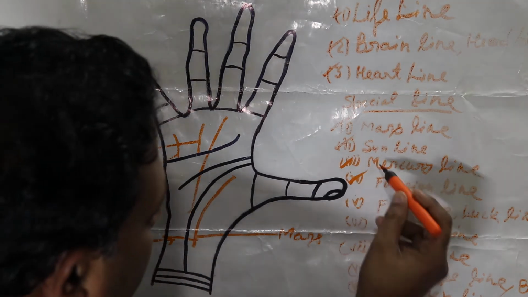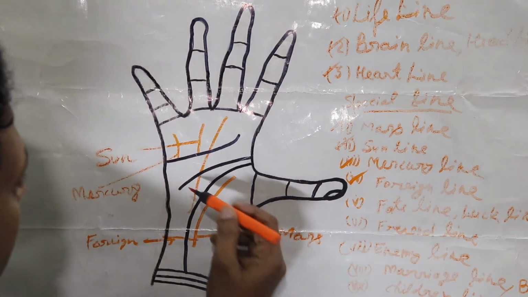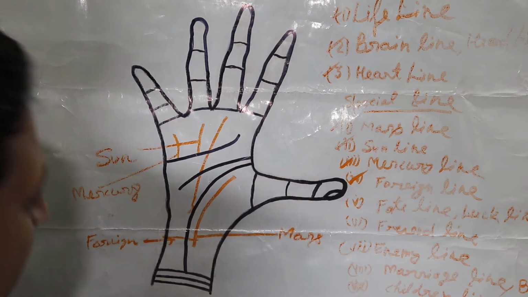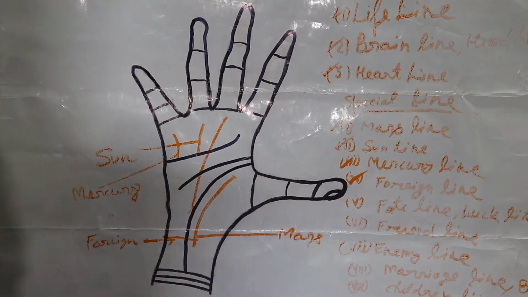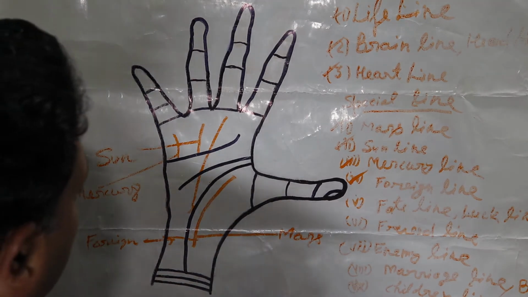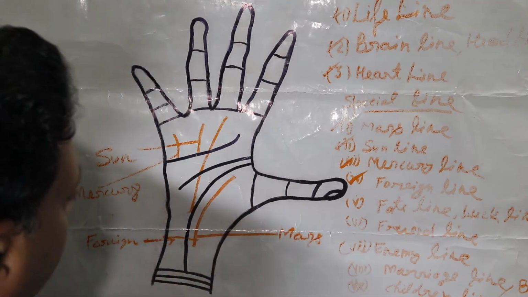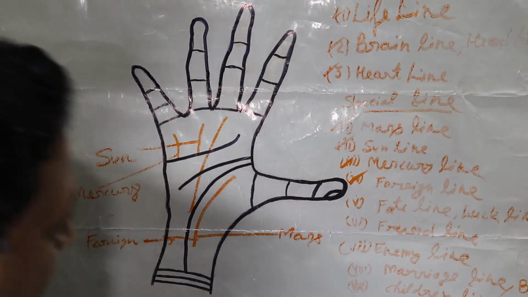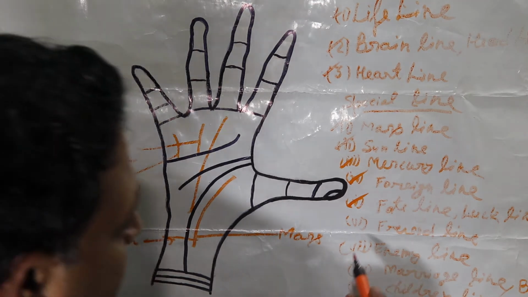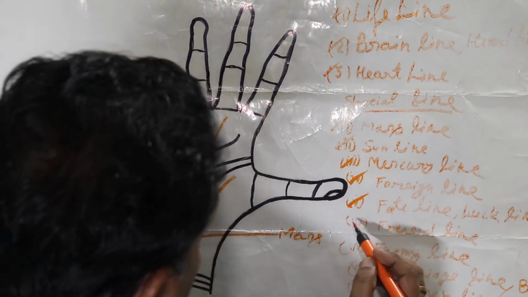Next, I will tell about this line. This is the fate line. As I told before, some people say this line is a main line, but it's not a main line, it's a specific line. So the fate line and luck line are the same line. And another is the friend line.